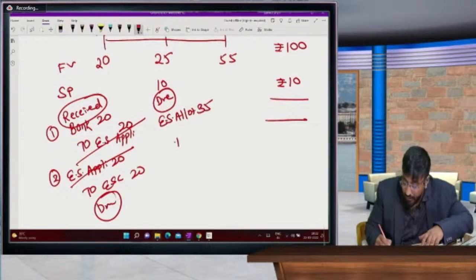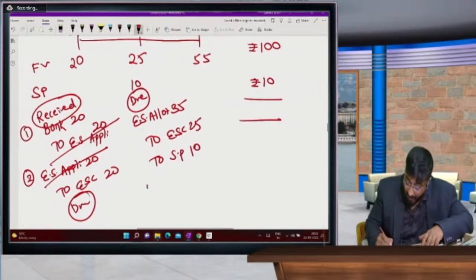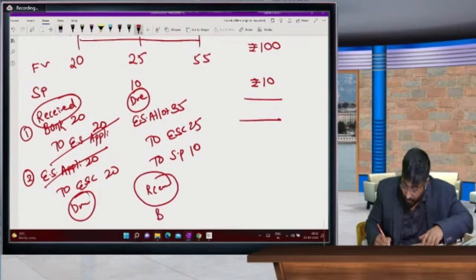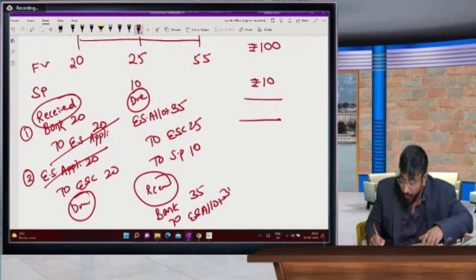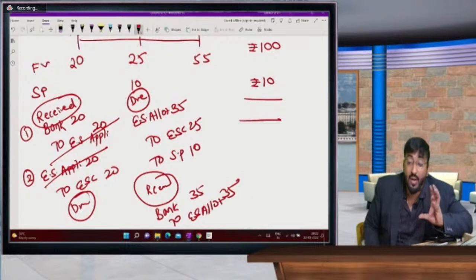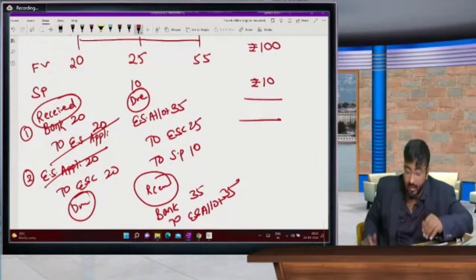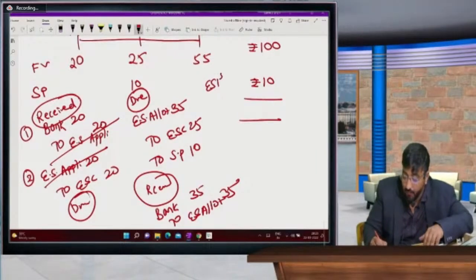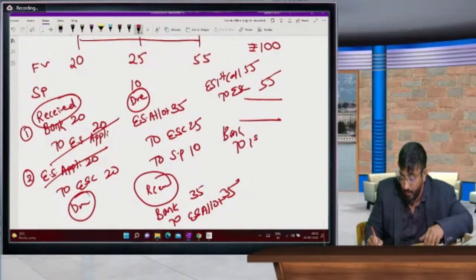Equity share allotment 35 to equity share capital 25 to security premium 10 and then received. सो अलॉटमेंट पहले ड्यू होगा फिर रिसीव होगा. अलॉटमेंट मीन्स आफ्टर गेटिंग योर एप्लीकेशन मनी कंपनी विल गिव यू शेयर. तो कंपनी आपको शेयर देगा. एंड 55 की एंट्री होगी इक्विटी शेयर फर्स्ट कॉल अकाउंट डेबिट टू इक्विटी शेयर कैपिटल 55 एंड बैंक अकाउंट डेबिट टू फर्स्ट कॉल. सी बेटा, these entries you have to understand at foundation level.